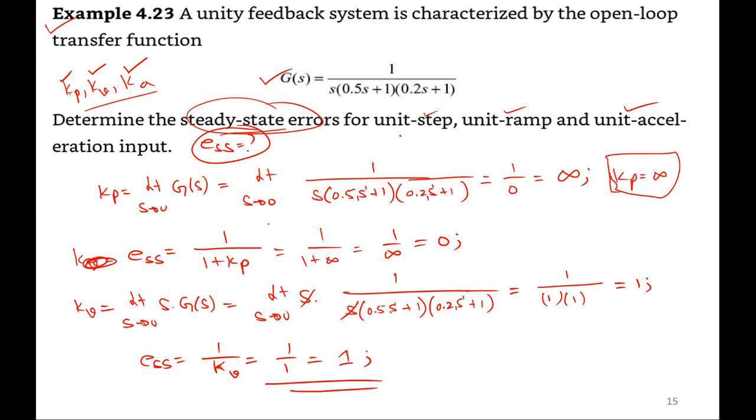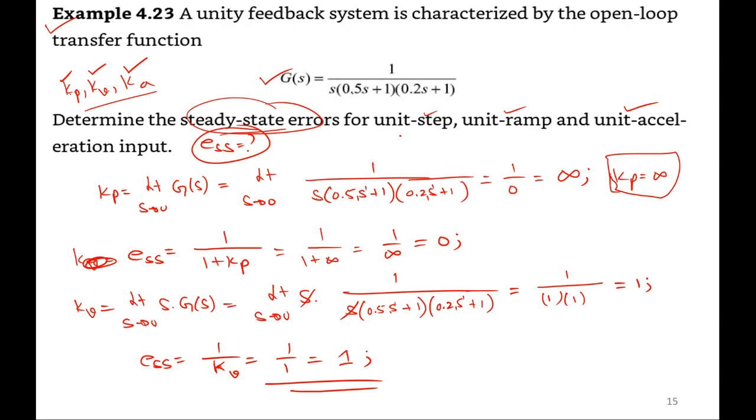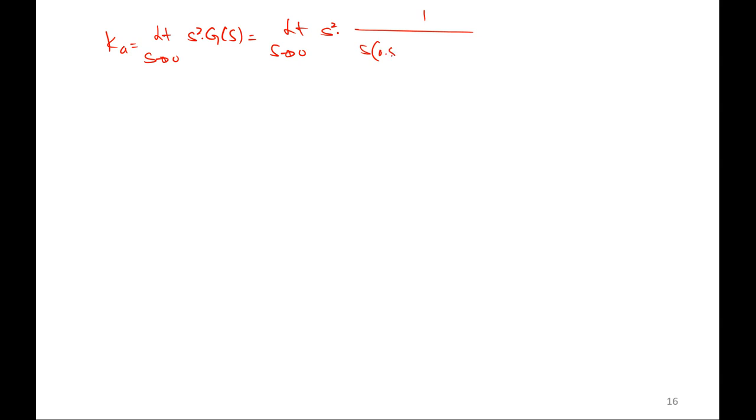Okay, the last steady state error we'll find out is with respect to the unit acceleration input. So we'll find Ka: limit s tending towards 0 of s squared into G(s). G(s) is 1 divided by s(0.5s + 1)(0.2s + 1). The s squared and s will get cancelled, leaving an s.